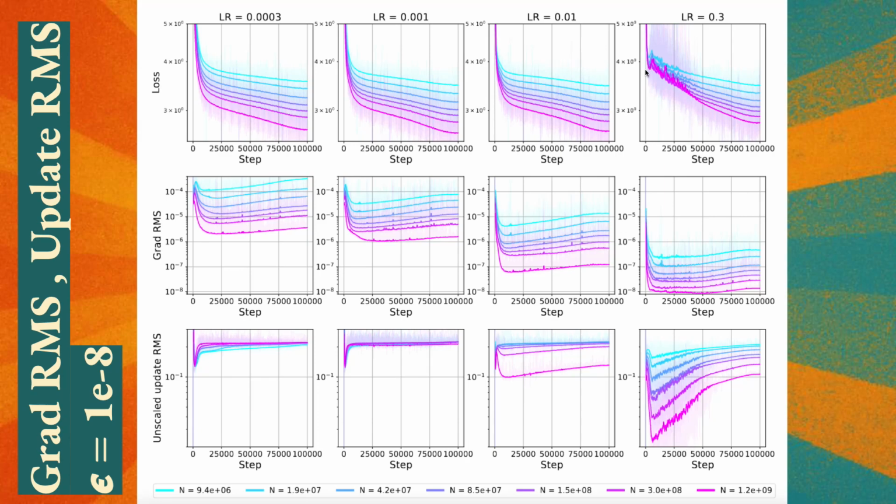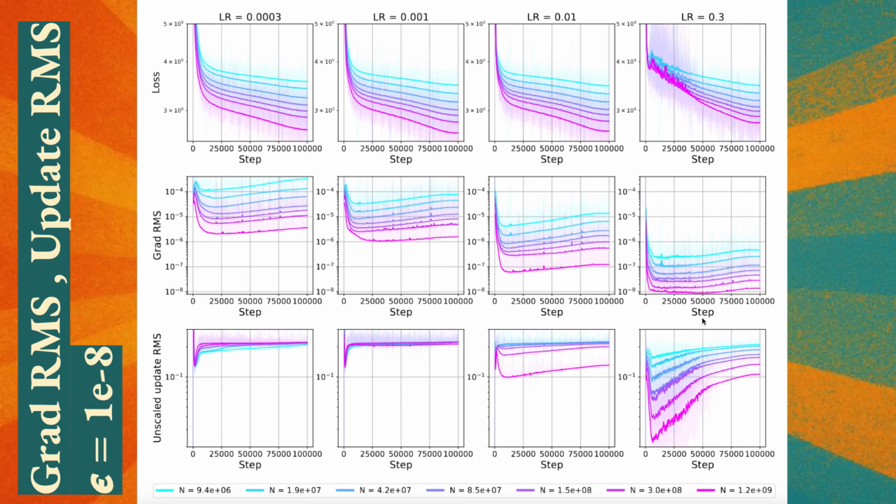When we look at the loss curve, we see that the loss actually gets worse, and it spikes a couple of times and is relatively unstable until it passes this 50,000 step threshold, after which the unscaled update also comes back up, but doesn't really reach the original. Well, I guess it kind of does. It's a bit hard to tell there. And the gradient RMS is collapsing down to 10e-8, which is the default epsilon value in our AdamW optimizer.